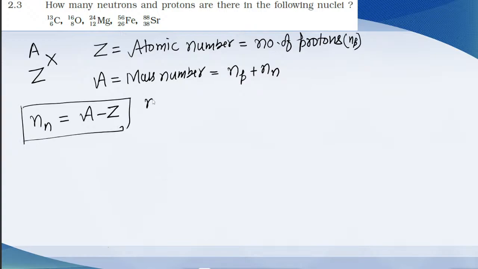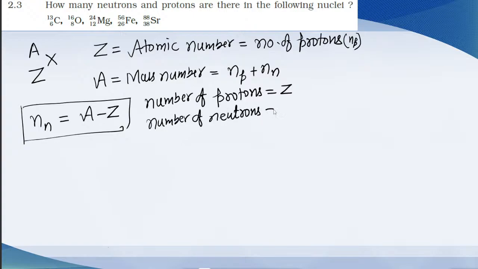Okay, so our question first needs number of protons. So number of protons is equal to Z. And the second question is number of neutrons. So number of neutrons is equal to A minus Z. So start with the first one. Carbon 6, or carbon is 6C13, right?